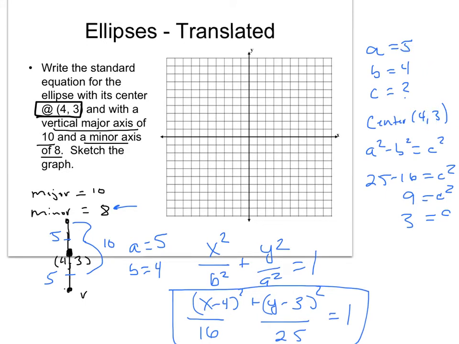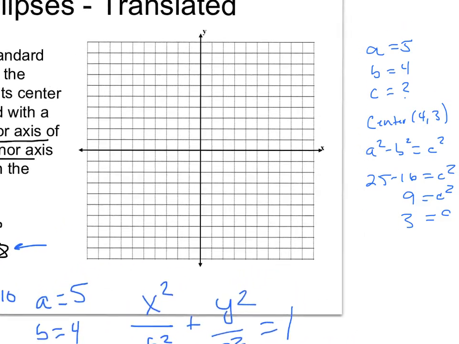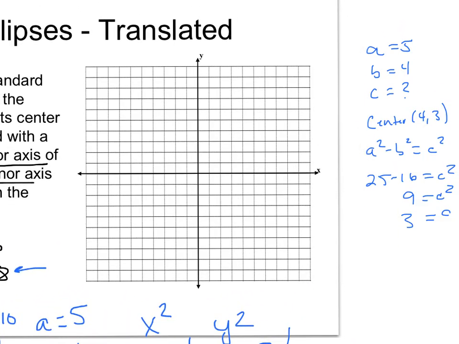And so remember, I'm going to shift 5 units up and down from the center. A lot of times the easiest thing to do is to plot the center first, so that's at (4, 3). And then I know it's a vertical major axis, so I'm going to go up 5 units. If I'm going up, I'm adding 5 units to my y, so that's going to be at 8.